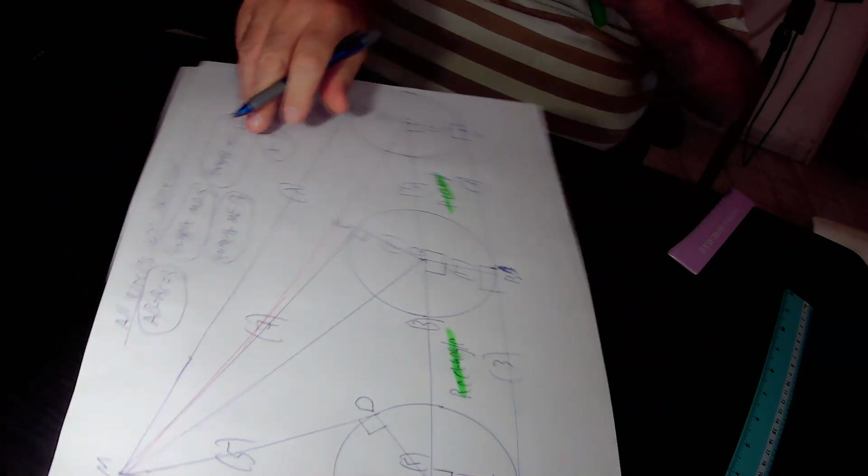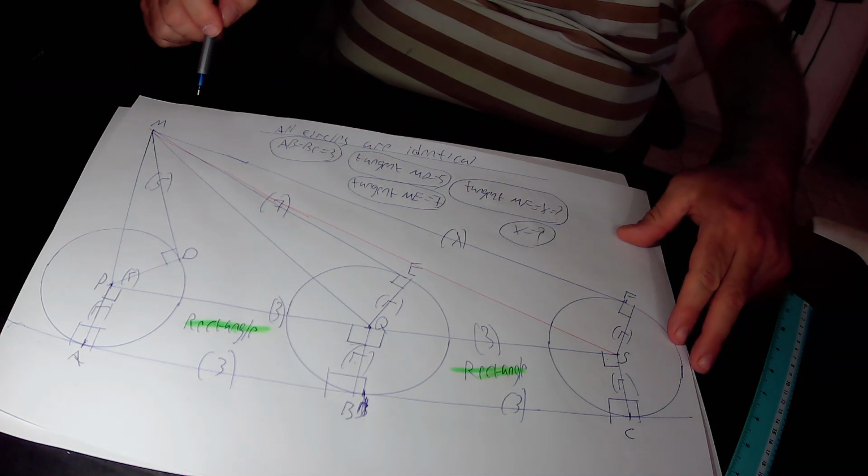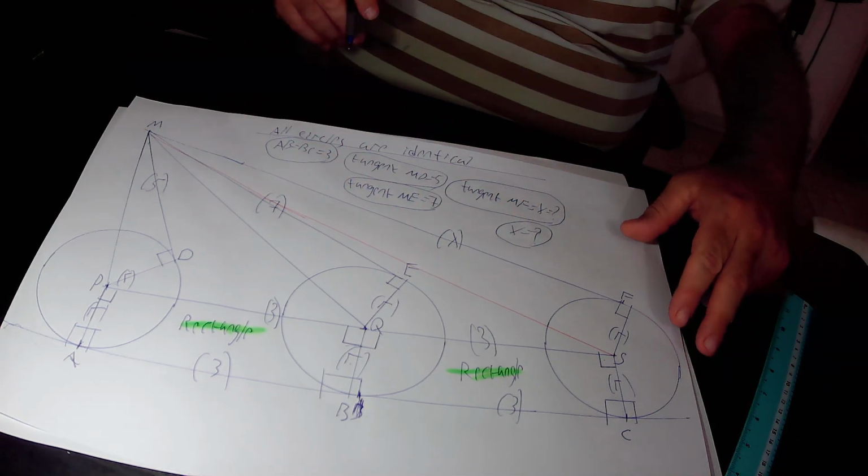In the next step, I'll copy the big triangle MPS to a new page and we'll analyze this big triangle MPS.